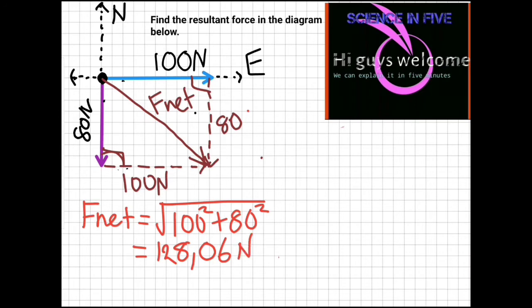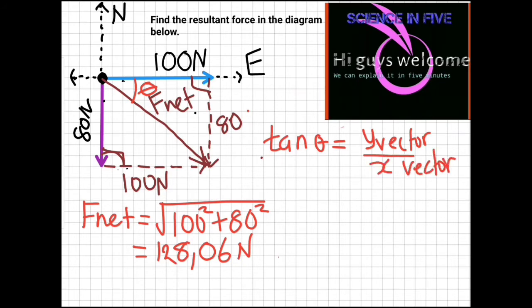Then the next part is to use the trigonometric ratio to get the angle. I normally say go for the angle theta that is measured from the horizontal to the vector. In that case, you can simply say the tan of theta is going to be the y vector over the x vector. In this case, the y vector is the 80 and the x vector is the 100.